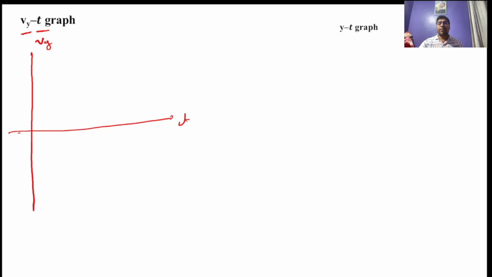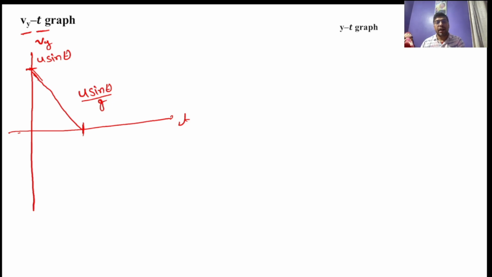When we throw, it has a certain velocity, and slowly it decreases, and at maximum height it becomes 0. It starts from u sine theta and decreases slowly. It becomes 0 at half of the time of flight, that is u sine theta divided by g.